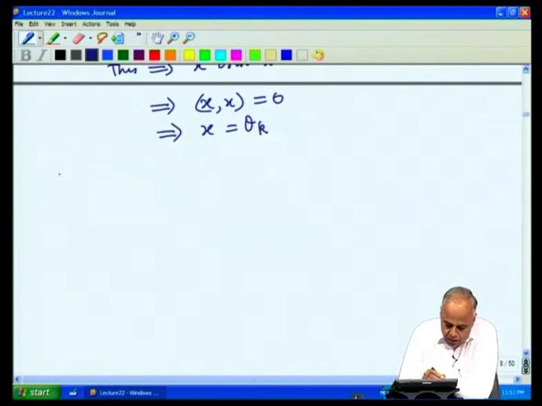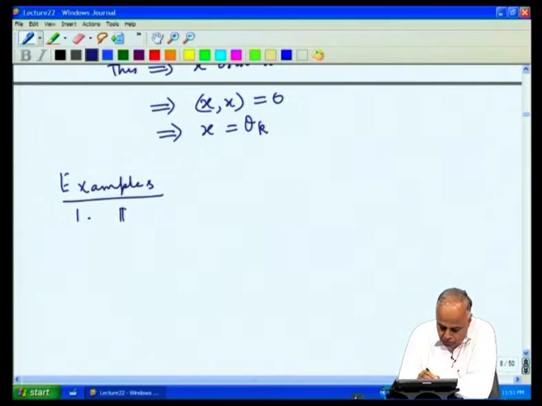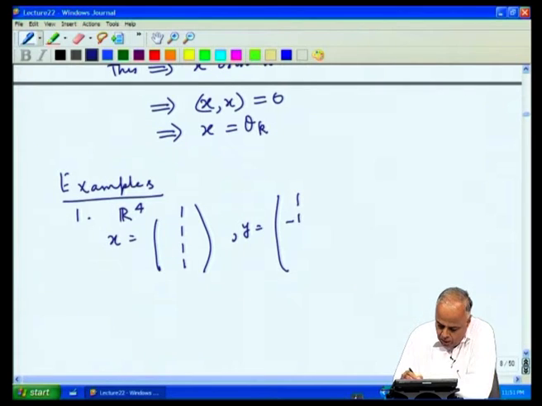Let us look at some simple examples of this orthogonality. Let us consider R^4. Consider the vector x equal to (1, 1, 1, 1) and y equal to (1, -1, 1, -1).